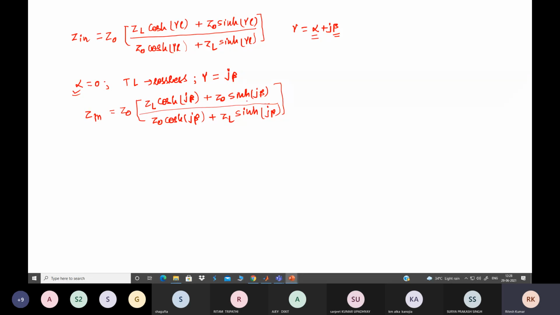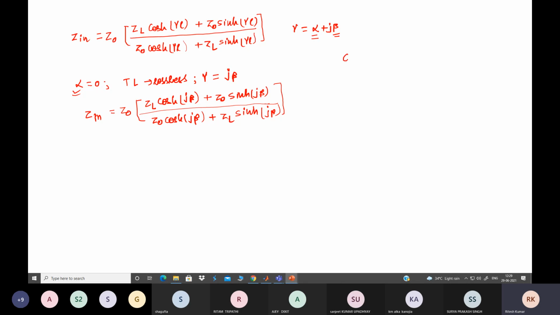Now further we can simplify this by expanding this hyperbolic function into the other trigonometric functions. For example, we can change this sinh to the sine function or cosh to the cos function.